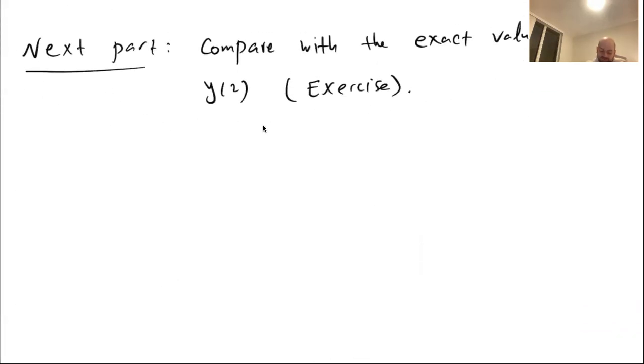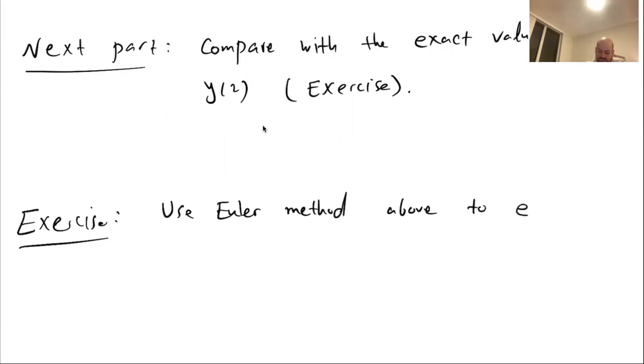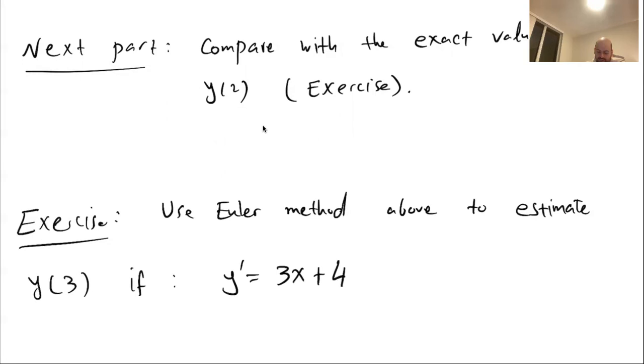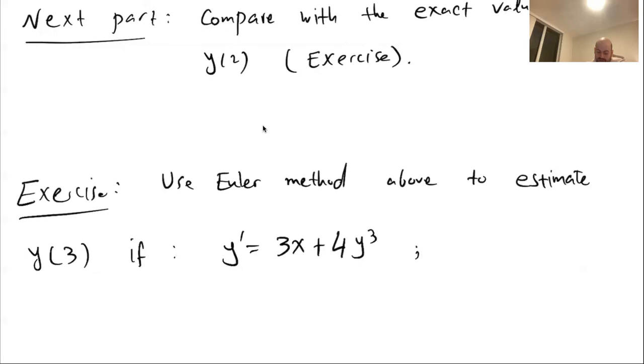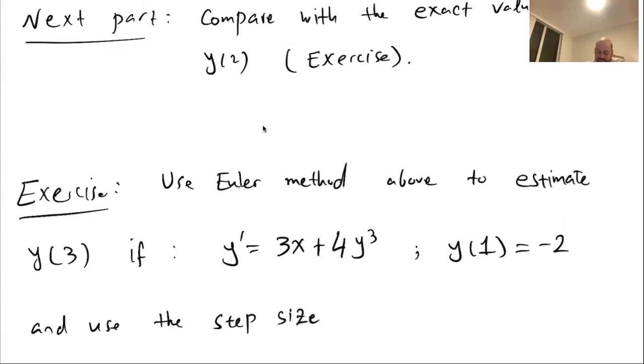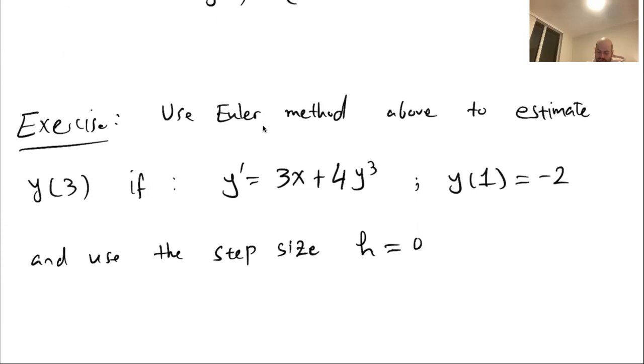Let me give you another exercise. Use the Euler method above to estimate y of 3 if y prime equals 3x plus 4y cubed, with y of 1 equals -2, and use a step size h equals, let's say, 0.4.